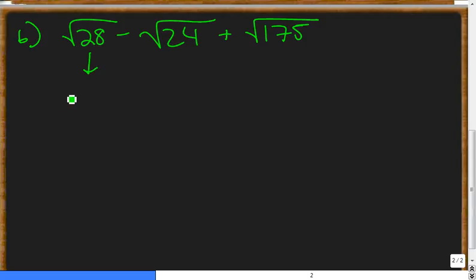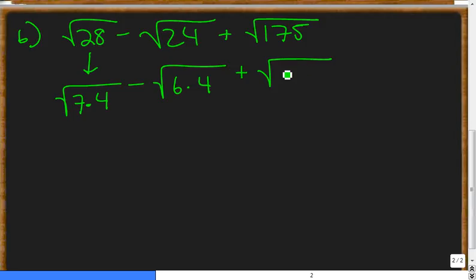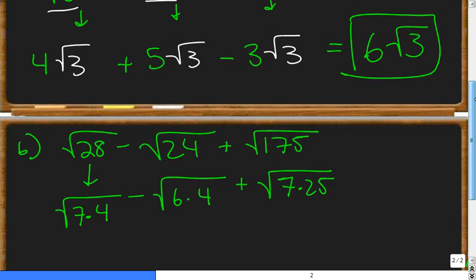The best thing that we can do is we can call this the square root of 7 times 4. And this is the square root of 6 times 4. And this is the square root of 7 times 25.